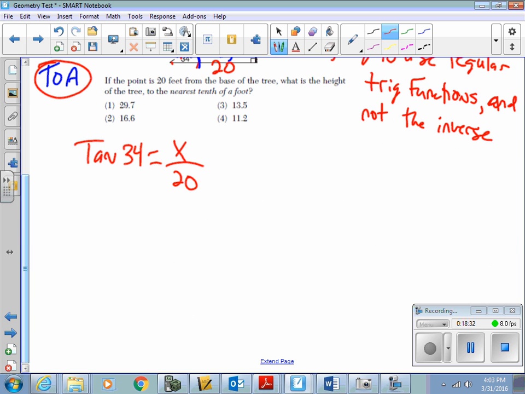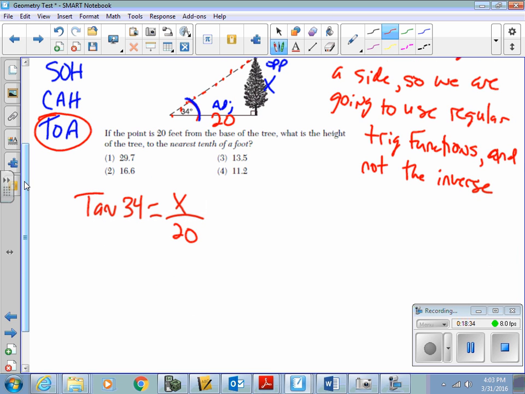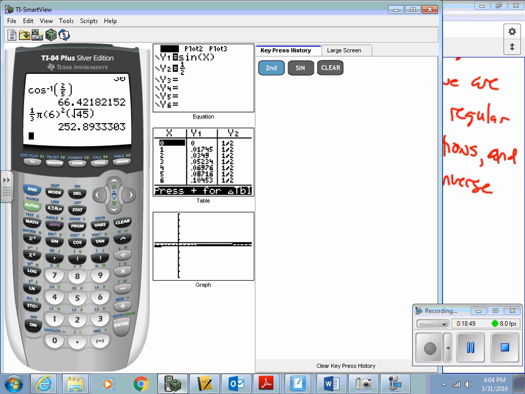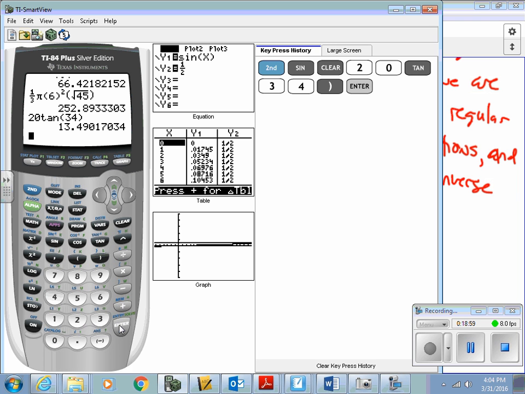If you want to put this over 1, that's fine. You can cross multiply, and you end up with 20 tangent 34 is equal to X. So I'm going to go into my calculator and do 20 tangent 34, and I get 13.4.